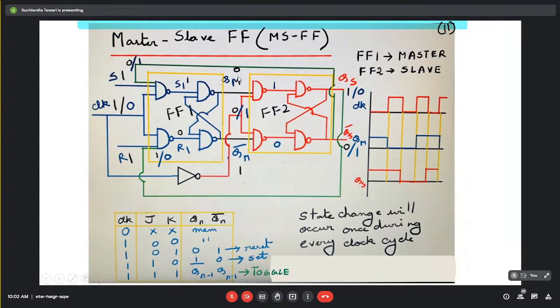So now the input it will see is 0 and 1. This will be reflected. Here 1 will come, here 0 will come, and I am getting this 1 0 condition. A 1 0 condition here means at the output I am getting 0 and 1. See, here the change of state of output is happening from 1 to 0.